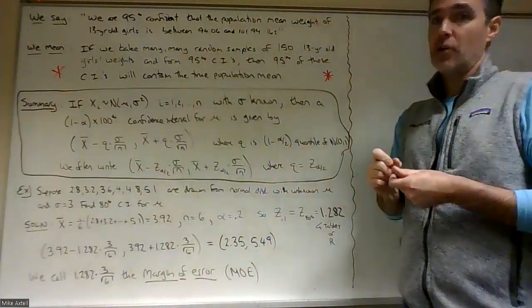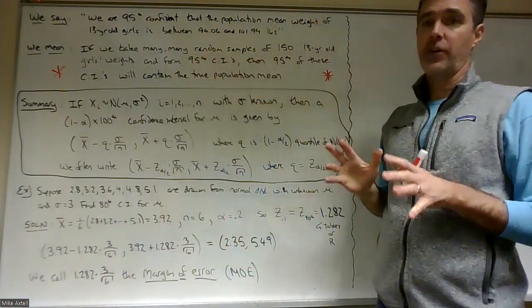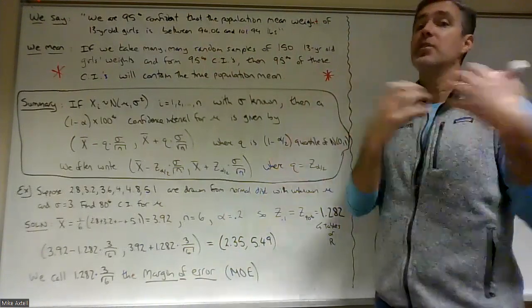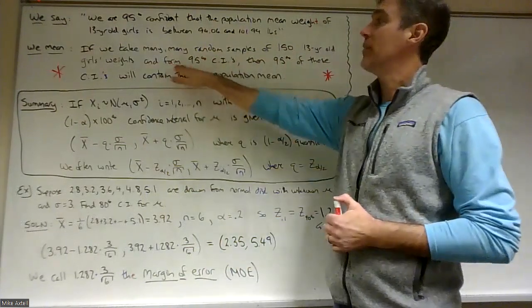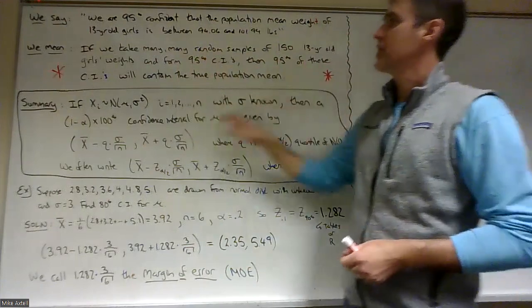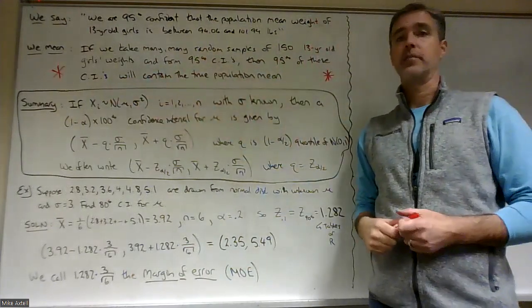What we actually mean, though, is if we take many, many random samples of 150 13-year-old girls' weights, and if I form 95% confidence intervals for each one of them, then 95% of these confidence intervals will contain the true population mean.